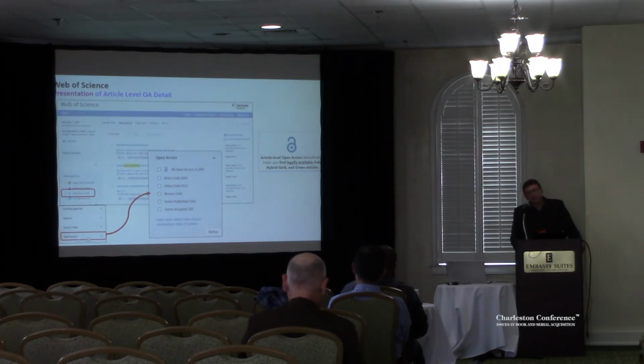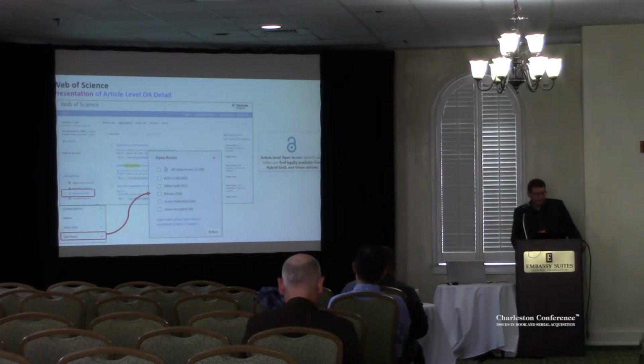But we also provide the detail as a filter. Simply scroll down to the left column and you reveal the status of various groupings of articles: green accepted, published, bronze, other gold, DOAJ gold. I point this out in a slide because not everyone is aware that this exists.